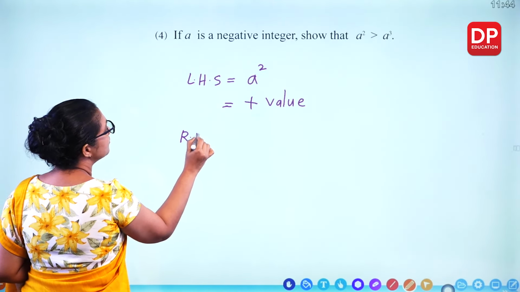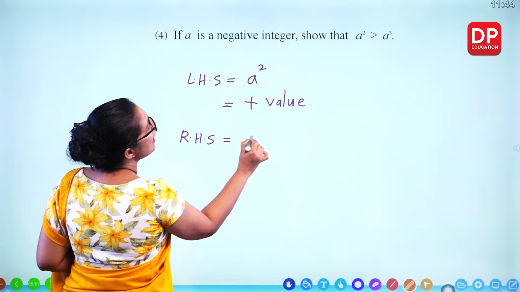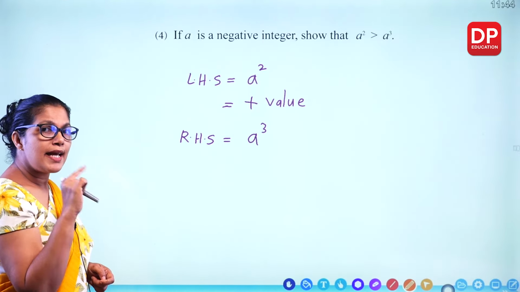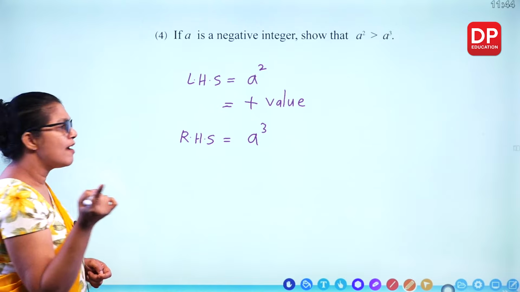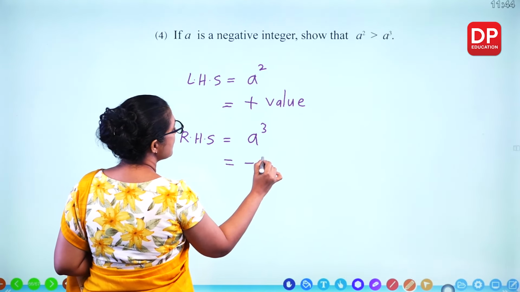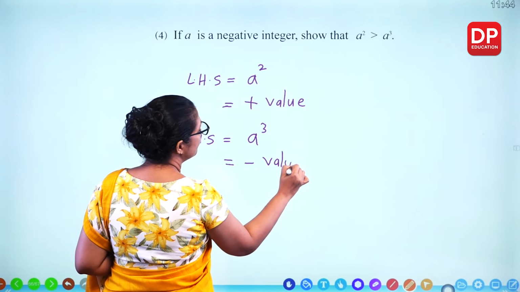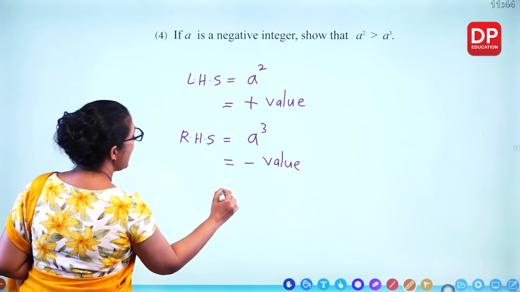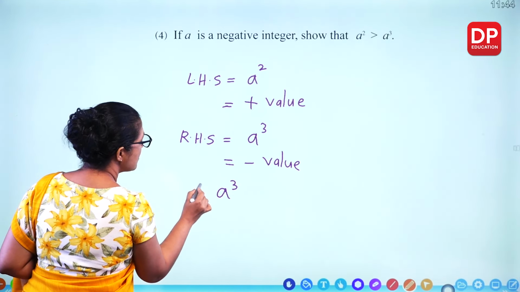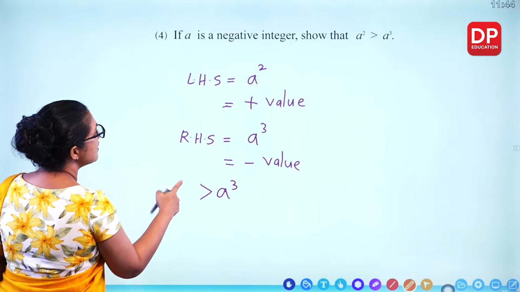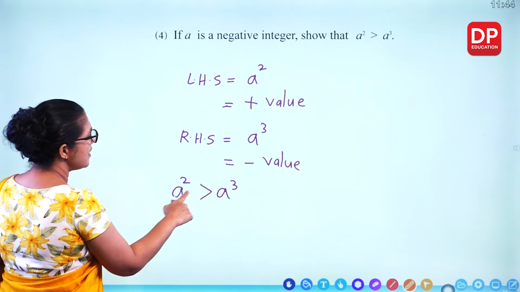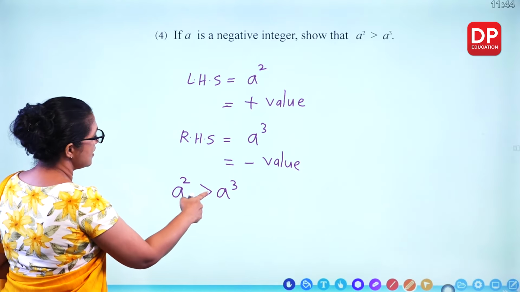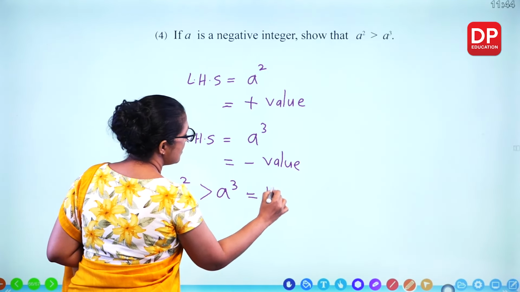Right hand side, a to the power 3. Odd power. A negative value to an odd power is always negative. So which one is smaller? The negative value is smaller. So a cube is smaller than a squared, or a squared is bigger than a cube. So here we can show that this is true.